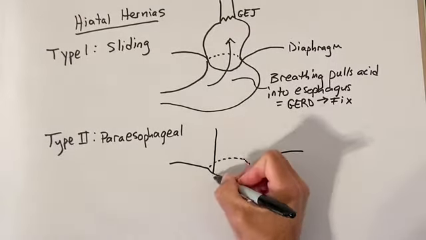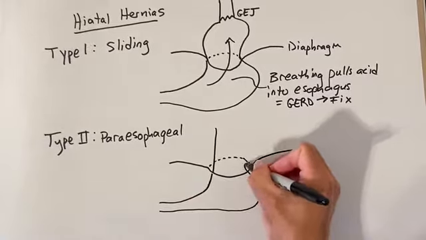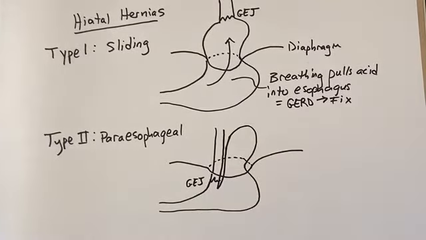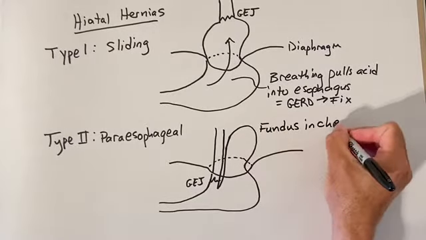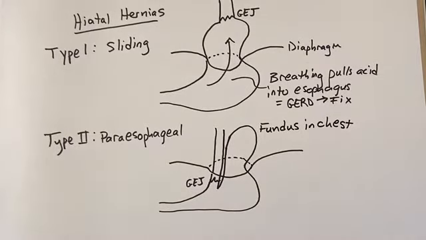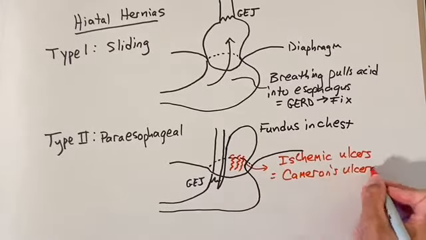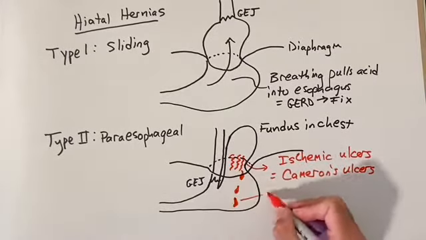This type is rare, luckily. The GE junction is still in the abdomen, but part of the stomach, usually the fundus, is herniated into the chest. This is at high risk for gastric ischemia. They also tend to bleed from ischemic ulcers called Cameron's ulcers and can present with anemia.